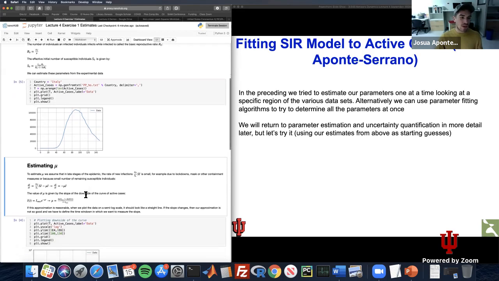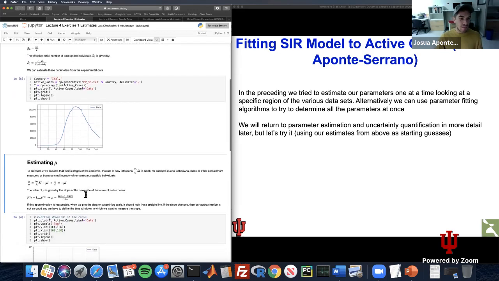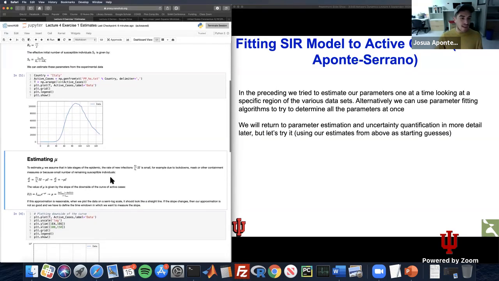The first assumption that we're gonna make is that the rate of new infections at the late stages of the epidemic is small. And it can be small for multiple reasons. It can be small because of lockdowns, mask wearing, and in that case, you are decreasing this term, right?